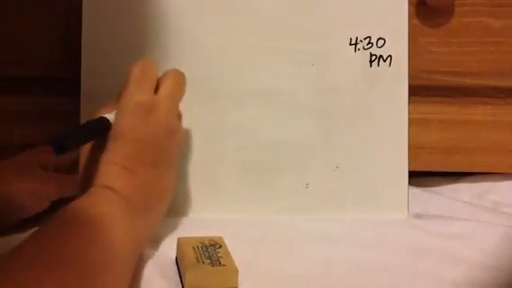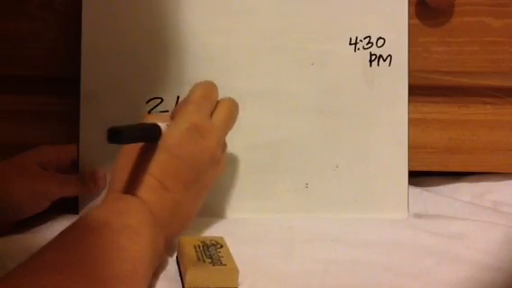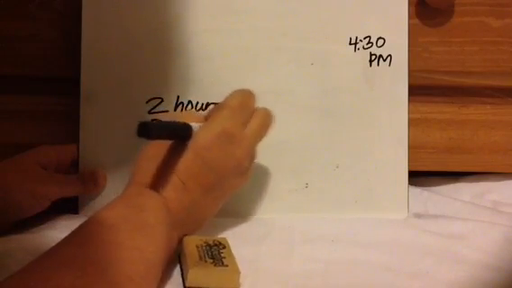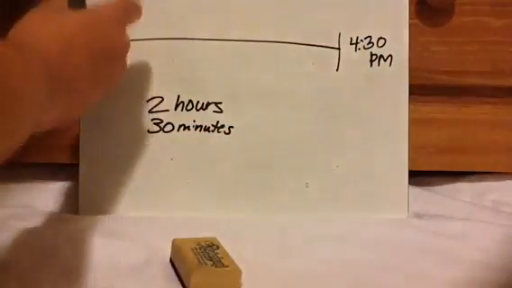Okay, I don't like my handwriting. Let me do that again. 2 hours, 30 minutes. What time did we start the activity?